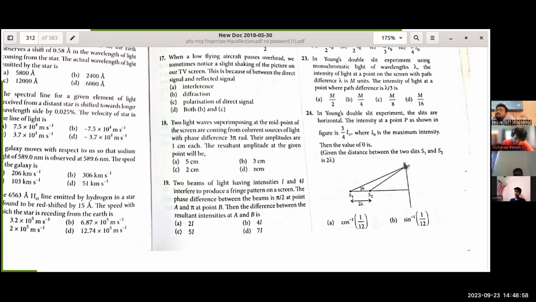That is fast. ये समझ में आया कि P पे 3 आई है. हाँ अगर P पे 3 आई है तो phi बताओ. Resultant में 3I is equal to 4I cos square phi by 2.